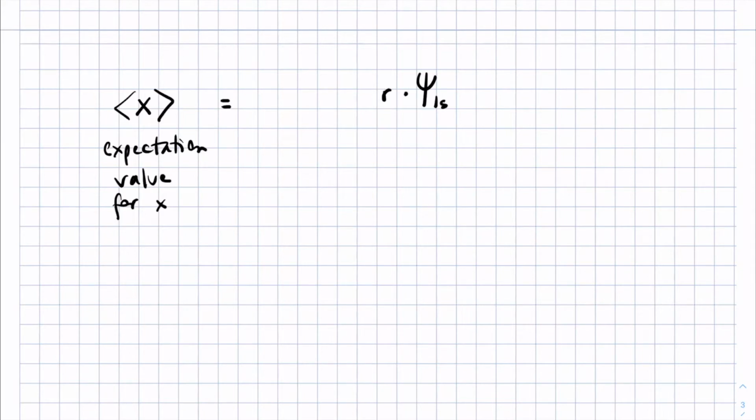But we can't stop there because the wave function is a complex number. It has real and imaginary parts. So we have to pre-multiply the r times the wave function by the wave function with the asterisk. The wave function with the asterisk is the complex conjugate of the wave function.